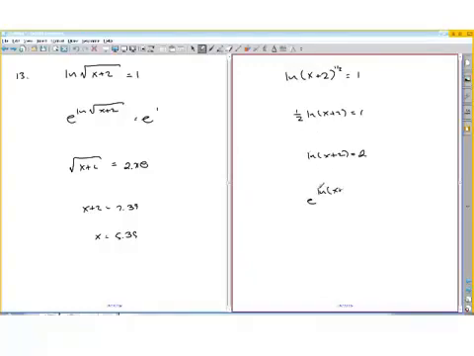And then you do e to the natural log of x plus 2 is equal to e squared. The left-hand side would become x plus 2. The right-hand side would just become 7.39. You subtract 2 from both sides, you get 5.39. So you could use the properties of logarithms to simplify this before you did this second thing.